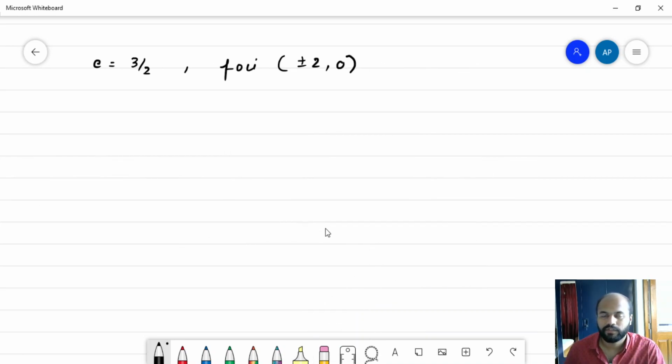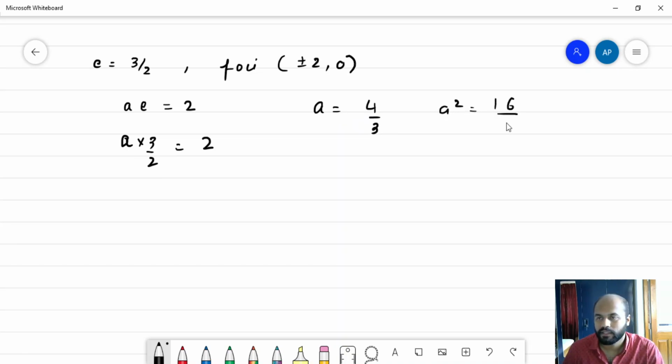Now it's a different kind of combination wherein eccentricity is given to you and the foci are plus minus 2, comma 0. So obviously ae is 2, and out of that you know that a into 3 by 2 is equal to 2. Which means that a is going to be 4 by 3 and a square is going to be 16 by 9.